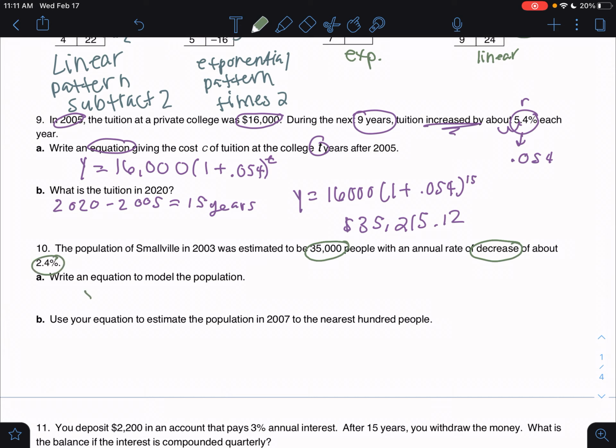So our equation is y equals our starting number, which is 35,000, times the rate, so 1 minus our 2.4%, remember that has to be in decimal form, to the x.